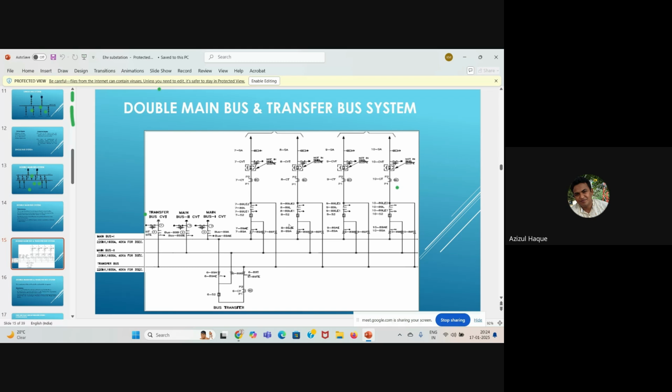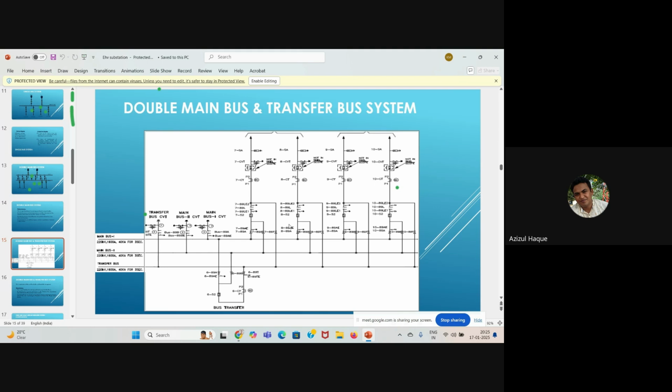So how is it done? Apart from the bus coupler bay, one additional bay is there, the bus transfer bay. If you look at this portion, through this bus transfer bay, 3 buses are connected: main bus 1, main bus 2, and the transfer bus.